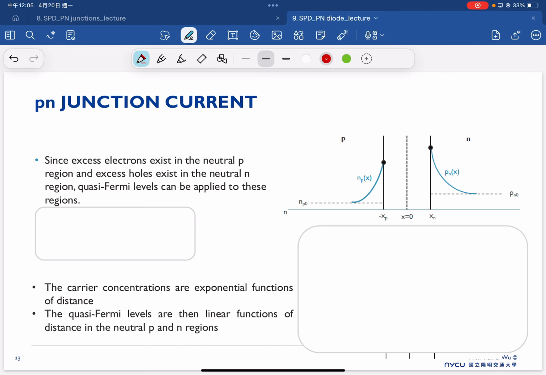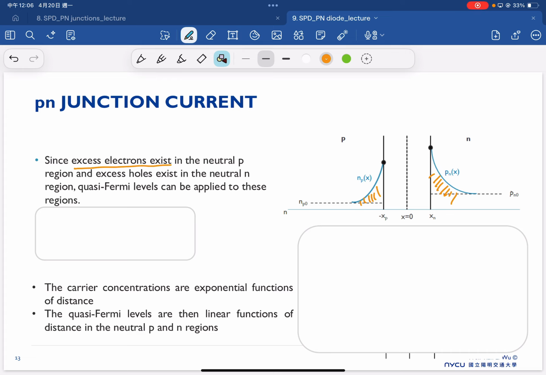So again, because we have these excess carriers here, an excess minority here, an excess minority here, that means this is not an equilibrium case, so we cannot use the Fermi energy.